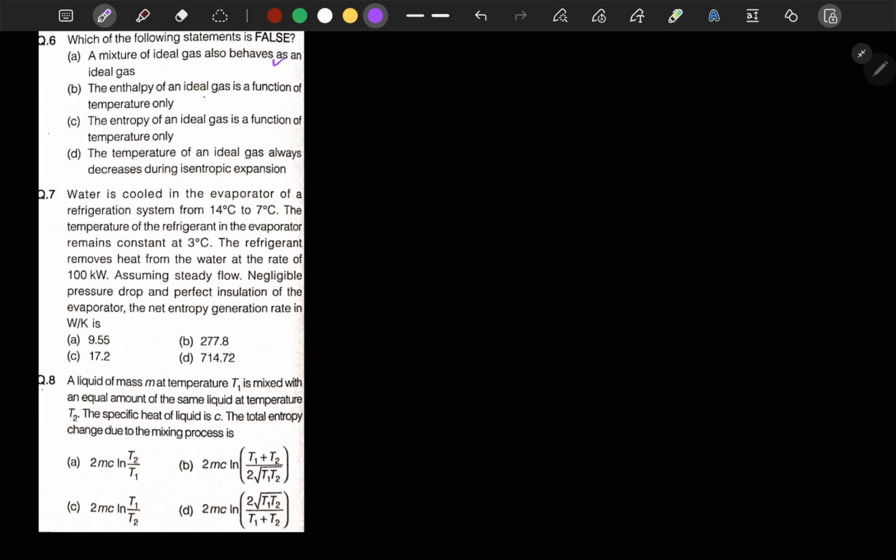Correct. Entropy of an ideal gas is a temperature function only. This is false, because we know that entropy of an ideal gas is a function of temperature and pressure, or temperature and volume. Next, the temperature of an ideal gas always decreases during isentropic expansion.